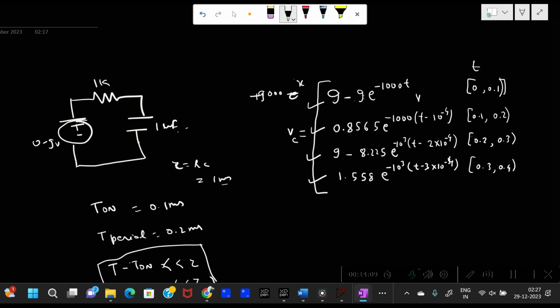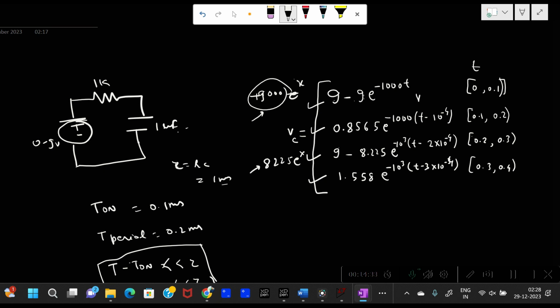If you do this, you will get somewhere near 8225 into e power x. So you can see the rate of differentiation mathematically decreasing from 9000 to 8225 factor. Therefore, the rate of charging is decreasing as the time progresses.